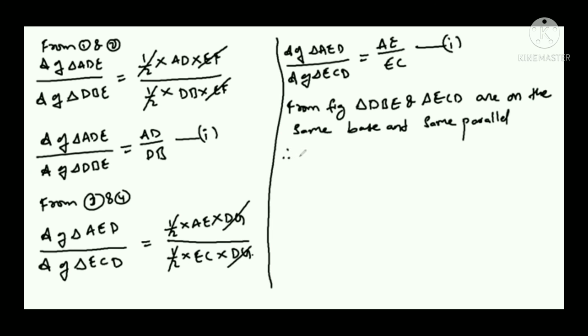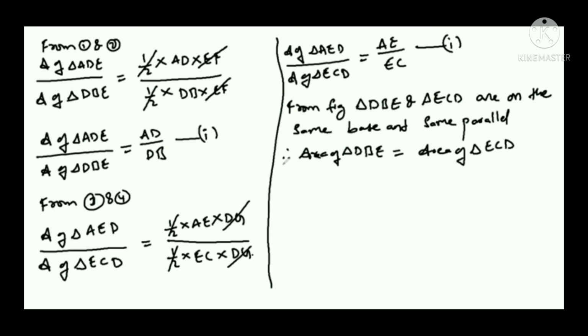Therefore, area of triangle DBE is equal to area of triangle ECD. So now we got this, right?